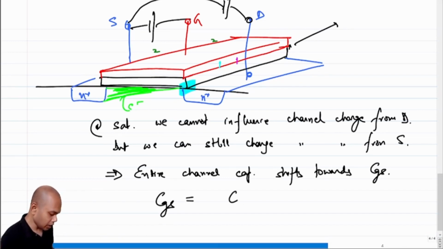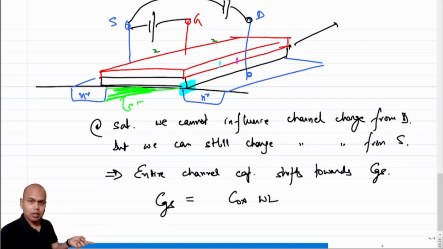CGS is again Cox times WL, but not by 2 and not also Cox times WL. It's apparently, as it turns out, 2/3. I will not get into the derivation of why it's 2/3. You can look it up in a device textbook, but the intuition is the area of the channel charge has reduced, and if you talk about the center of gravity of the channel charge, then you can say that it's like 2/3 towards one side than the other, right?